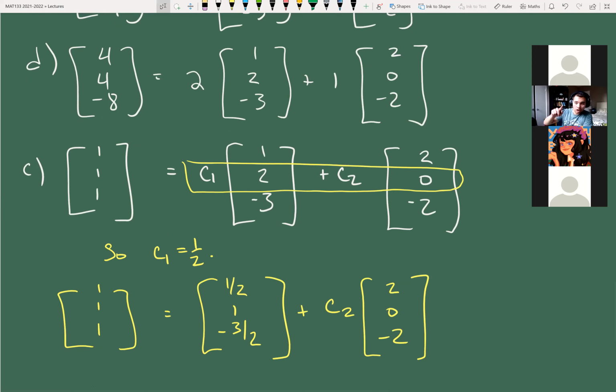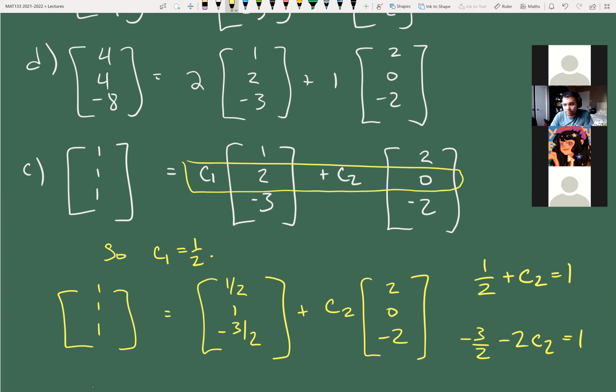Now if you look at the top equation and the bottom equation, we get -3/2 plus or minus 2C2 is equal to 1. And that can't be true. There is no value of C2 that makes this true, and so there is no solution.